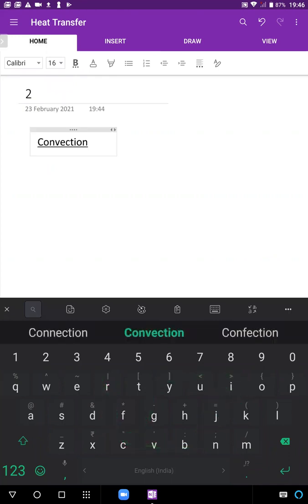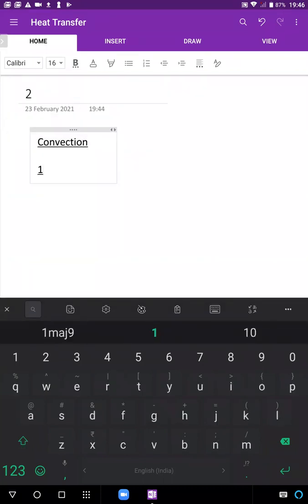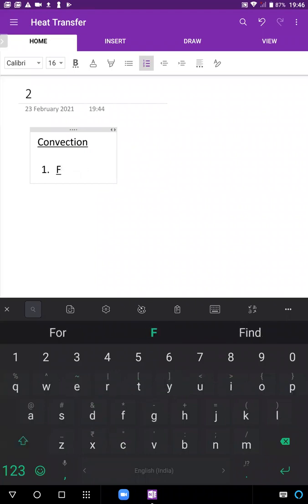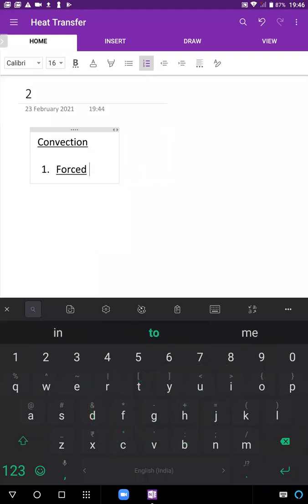The first one is forced convection, and the other type is natural convection. Forced convection and natural convection.